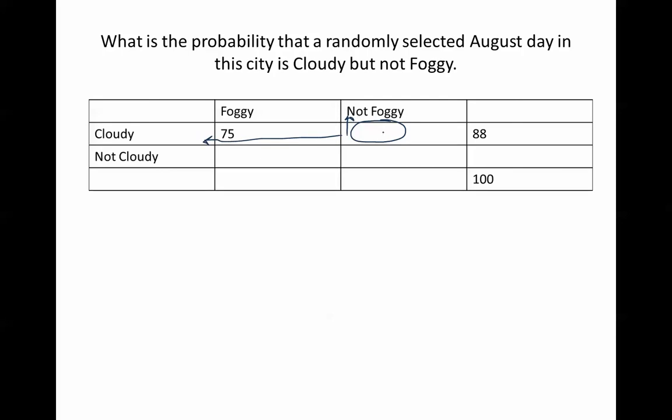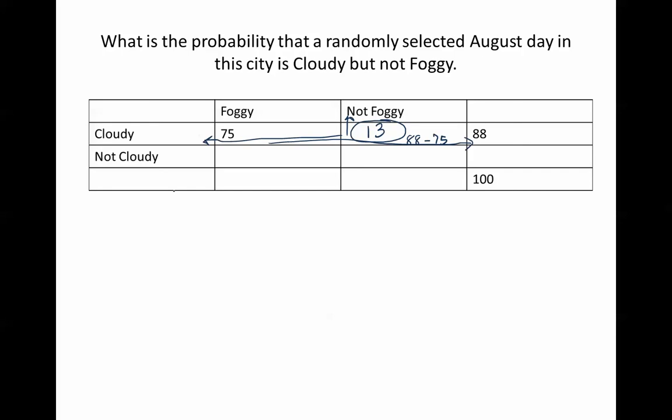So to fill in this number, we know that when we add across, the total number of events will have to add up to 88, the total number of cloudy days. So we can fill in this box by taking the 88 total minus the 75 that are going to be foggy, and we get 13 days that are cloudy but not foggy.